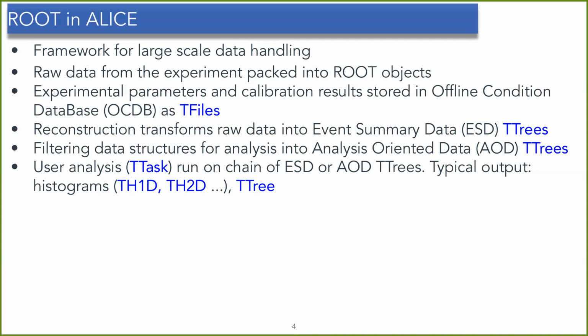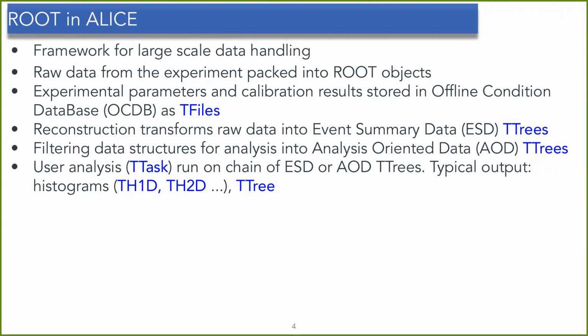Then in reconstruction, we transform this raw data into event summary data, or the ESD, and store it in TTrees, which is also a ROOT object. Then we filter this ESD data into analysis-oriented data, or the AODs, where we also store the information in TTrees.